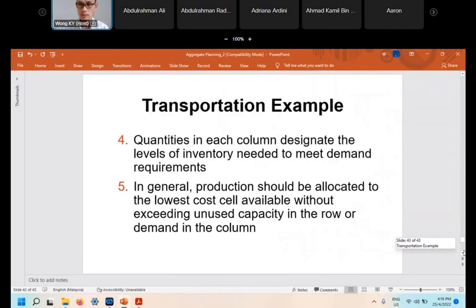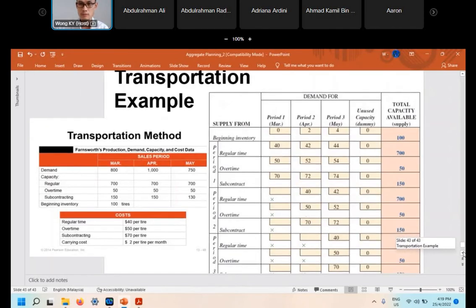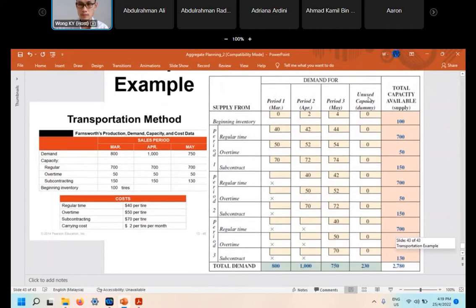In this case, common sense tells us that we have to add a dummy column. This dummy column corresponds to unused capacity, because we have more capacity than the demand. So it means at the end, we will have some unused capacity. This unused capacity will equal 230, which is 2780 minus 2550.